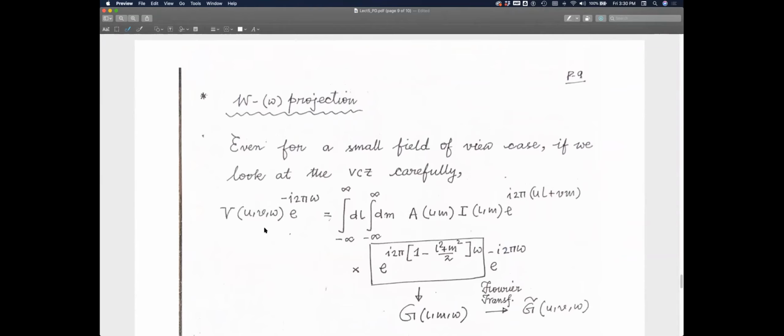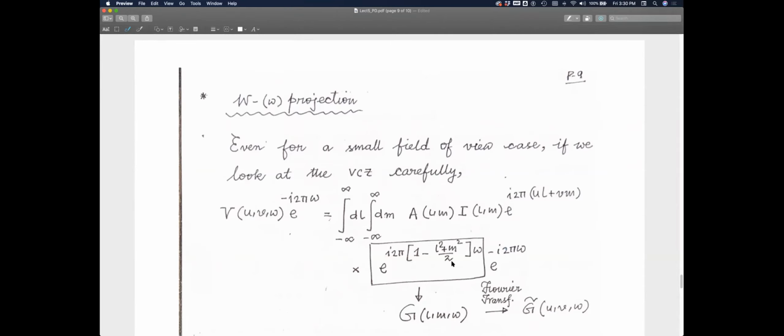So what I have done here, I have written the visibilities multiplied by this extra term. And in the right-hand side, I have already done the small field of view approximation. So I'm already doing the faceting or the polyhedral imaging. But in addition, I have kept the extra term here, which was root over 1 minus l square minus m square times w. But because the field of view is still small, instead of approximating root over 1 minus l square minus m square to 1, I'm approximating it to be 1 minus l square plus m square by 2.